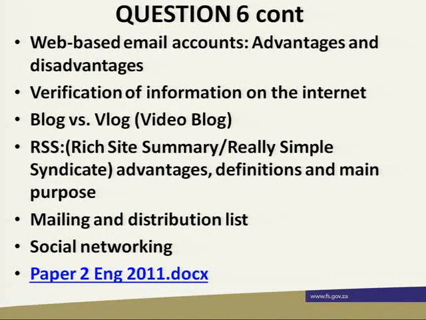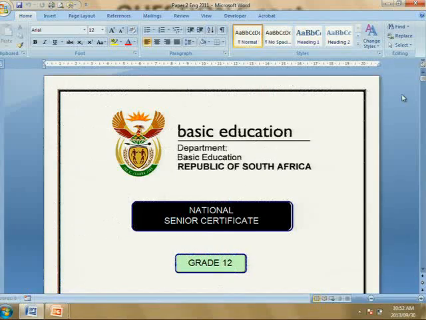Web-based email accounts, the advantages and disadvantages of using web-based email, and the verification of information on the internet, blog versus video blog, rich site summary, really simple syndication, advantages, definition, and the main purpose, mailing and distribution list, and social networking.